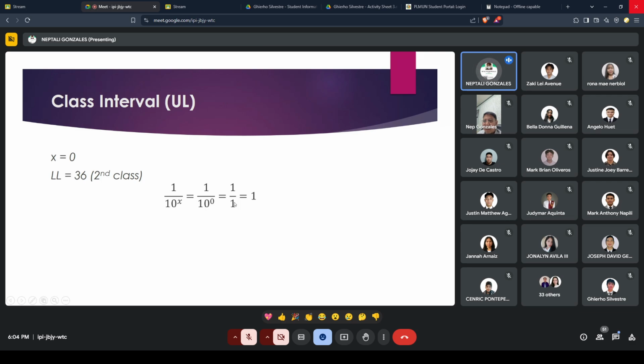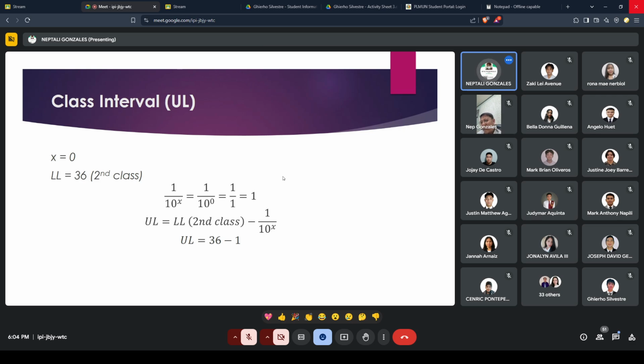So therefore, 1 divided by 1 is equal to 1, so your subtrahend now will be equal to 1. So the upper limit of the first class is equal to the lower limit of your second class, minus 1 over 10 raised to x. But our computed value for 1 over 10 raised to x is simply 1. So your upper limit is equal to 36 minus 1.